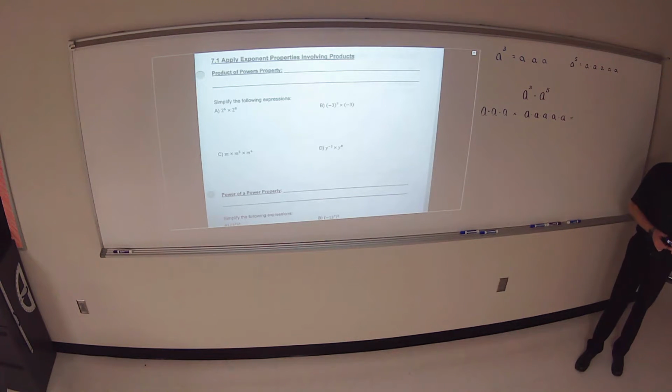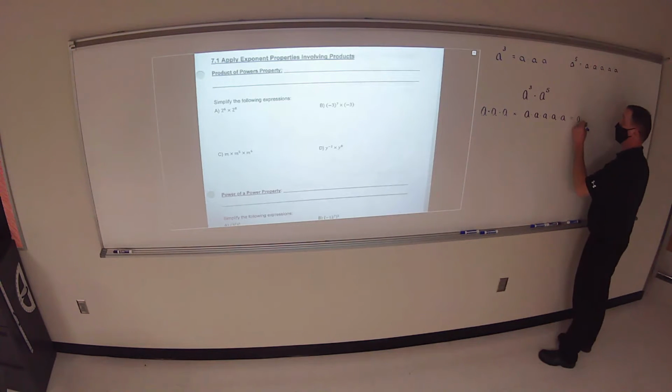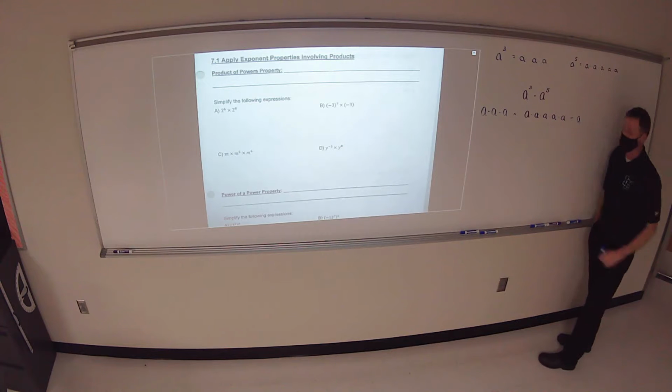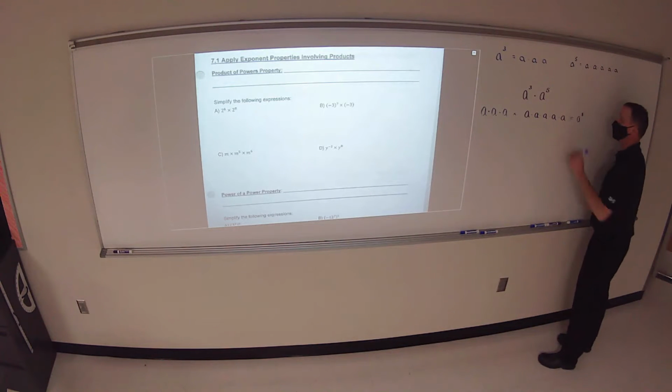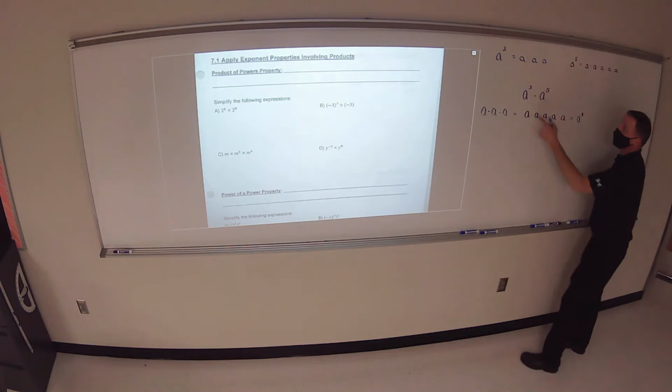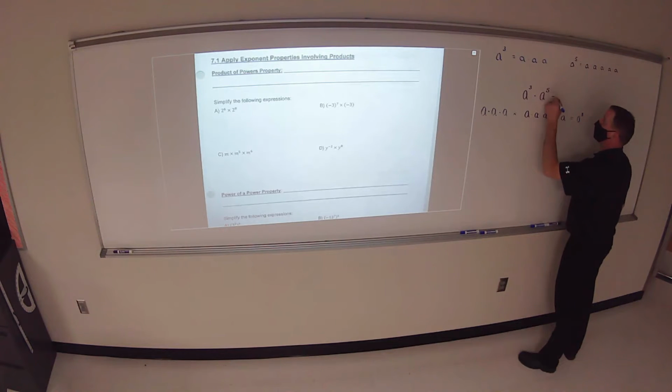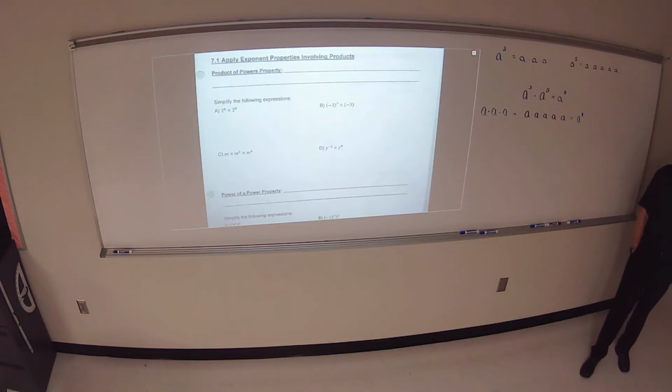What is being multiplied together here? A's. How many times are we multiplying all of these a's together? A total of 8. Which means that if I were to take a cubed and multiply that by a to the 5th, that should, in essence, just become a to the 8th.